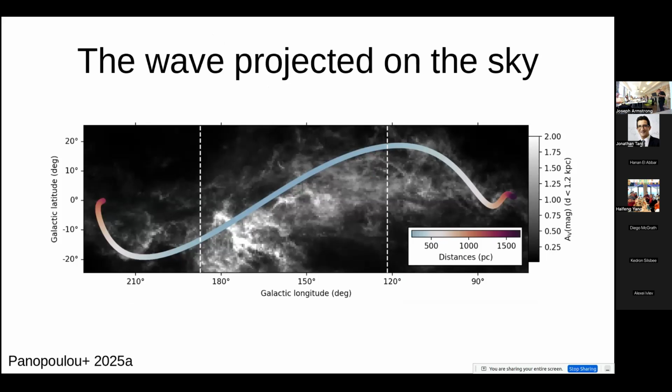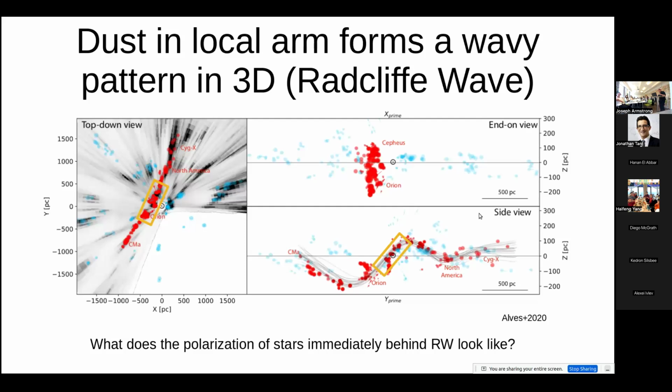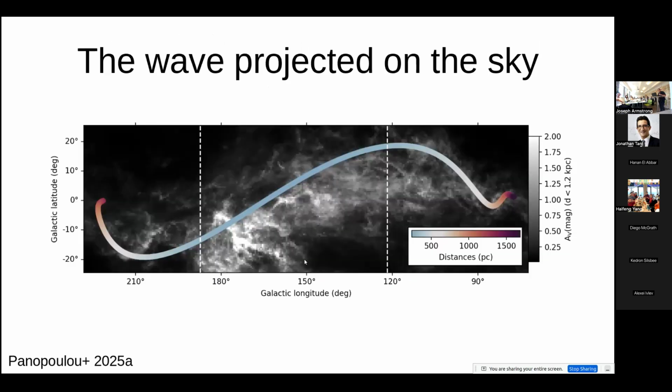In the background, you're seeing the extinction of dust associated with this feature on the sky. The colored line shows you, if you fit a line to all these data points, you get a squiggly feature. We'll call it the spine of the Radcliffe wave. That spine is projected here on the sky.